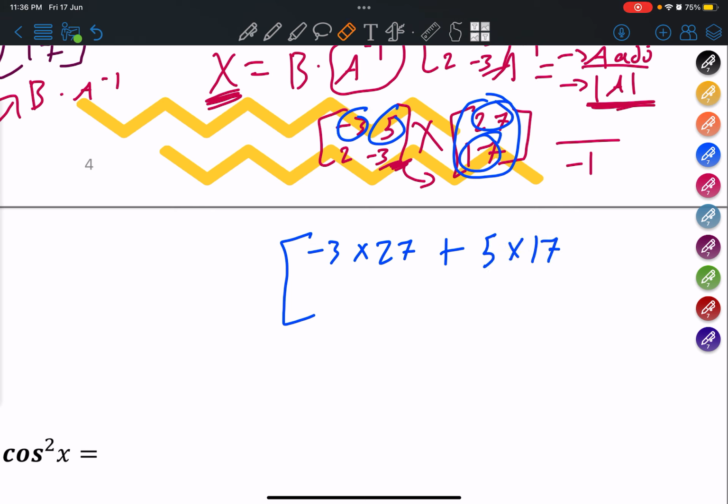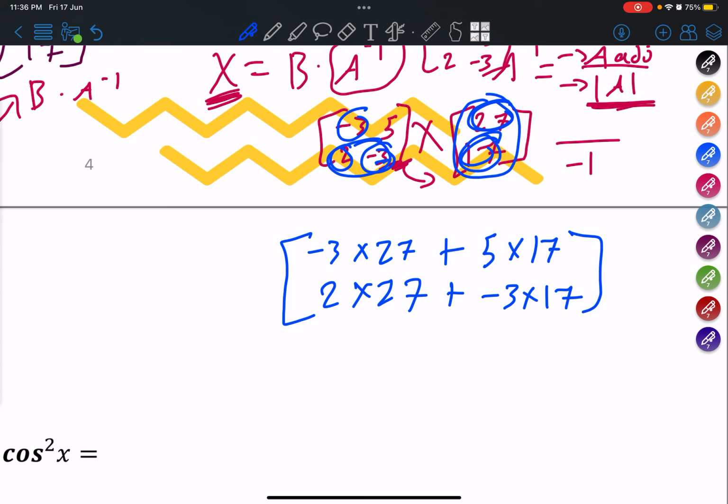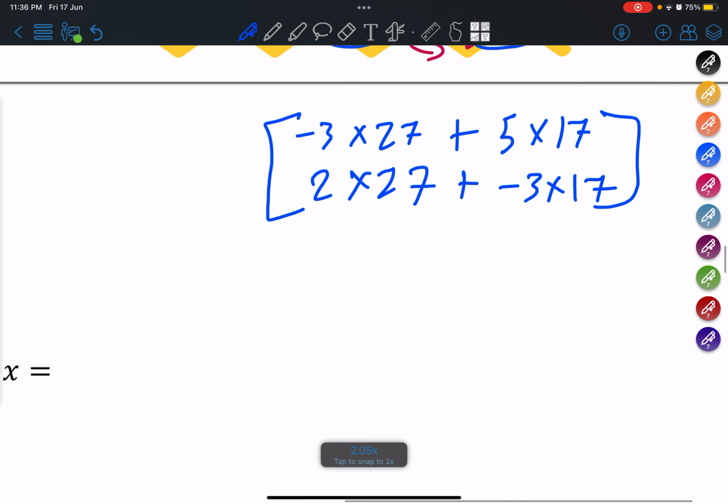And then after we finish with this row, we go to the second row in the first matrix, and we'll say 2 times 27 plus negative 3 times 17. Okay, now we can use our calculator.